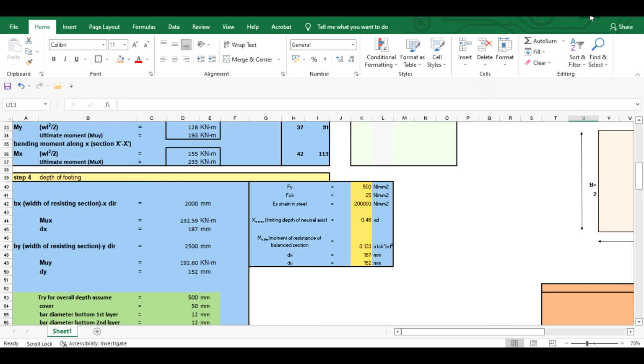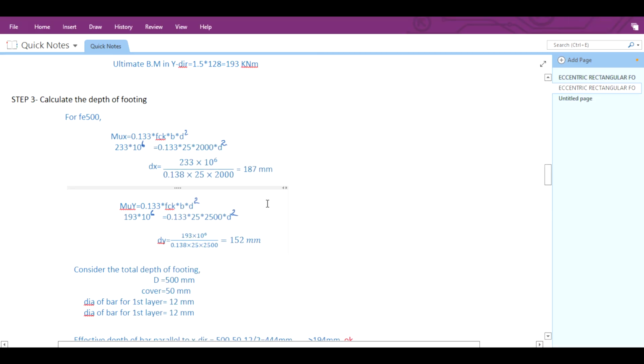So your Mux is equal to 0.133 fck bd square. So the moment in x direction is 233 multiplied by 10 to the power 6 for the conversion, is equal to 0.133 into 25, that is the grade of concrete for the footing, multiplied by the width of the footing, that is 2000, multiplied by the effective depth, d square.